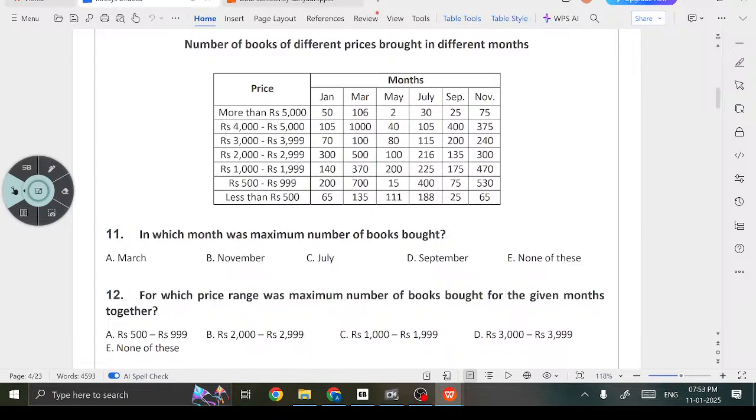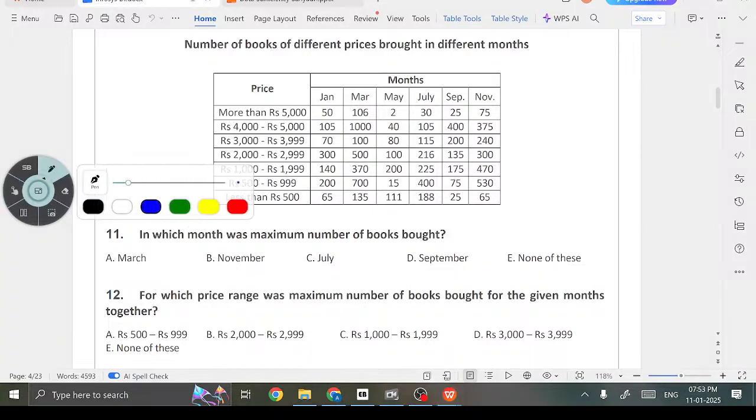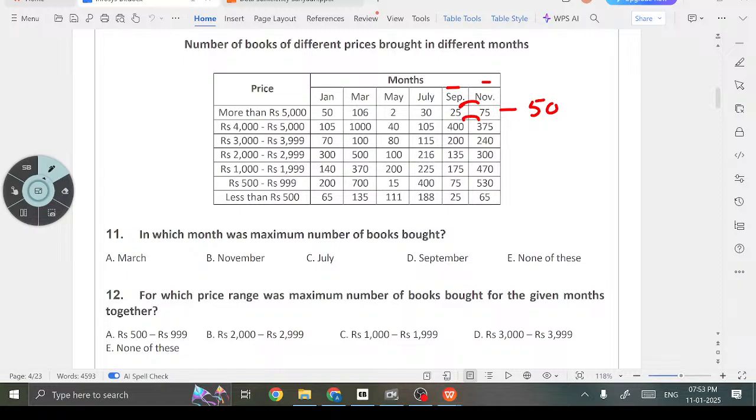Now this can be a little tough, but still. September and November, right? Now here this is plus 50, correct? November is plus 50. Now this is minus 25. This is plus 40. This is plus 165. This is plus 295.